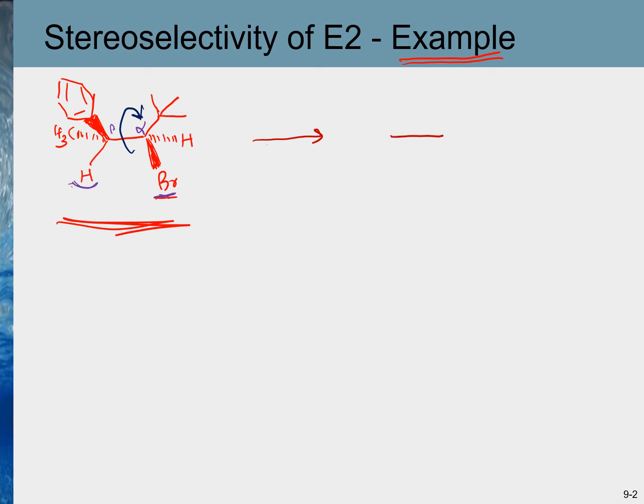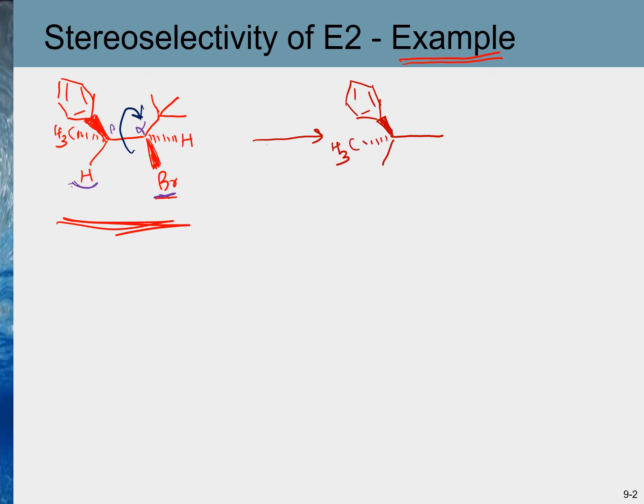So I'm gonna leave everything as such on the beta carbon, and I'm only gonna rotate the alpha carbon conformation. So the benzene ring stays at its own position. The methyl group also stays there.